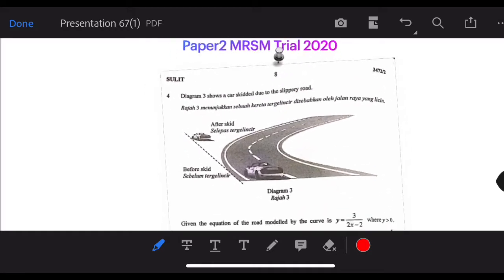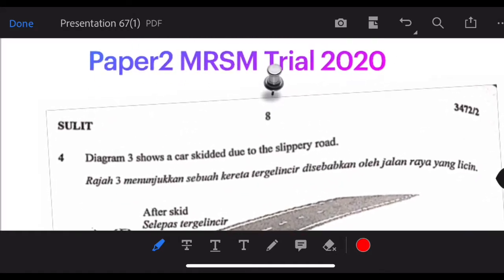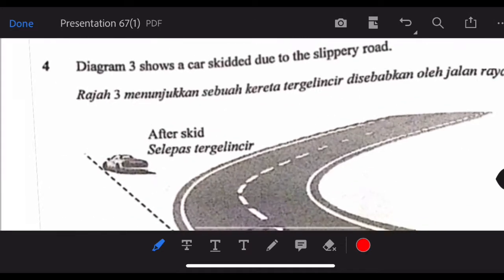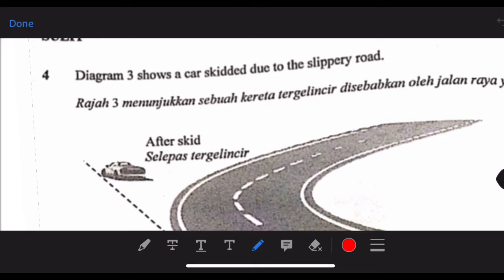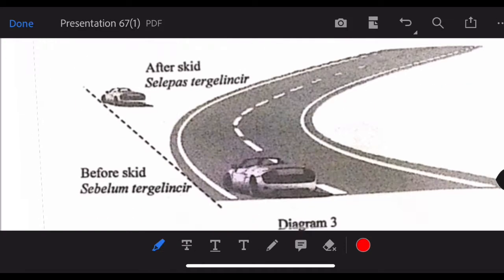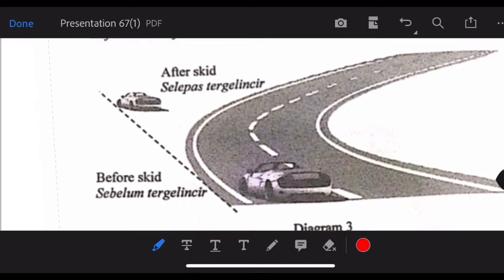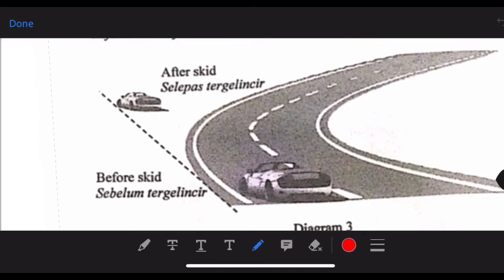For paper 2, you might see a question like this. You see you have a car that skidded due to the slippery road. So which topic does it apply to when you see this question?